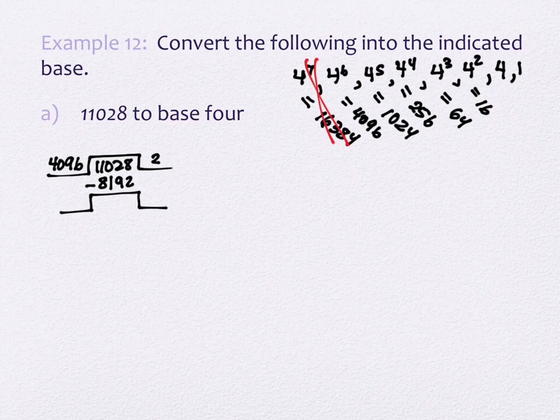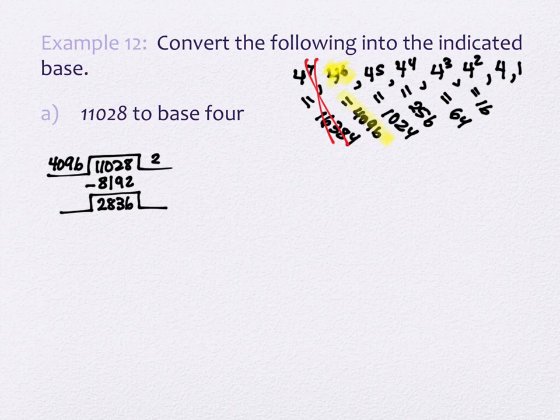What is 11,028 minus 8,192? It's 2,836. We're just going to mark them off as we go so that we know we've done them. So we've taken care of the 4 to the 6th, which is the 4096.